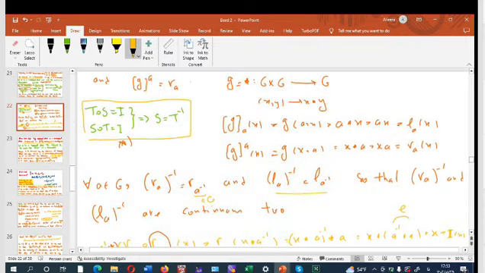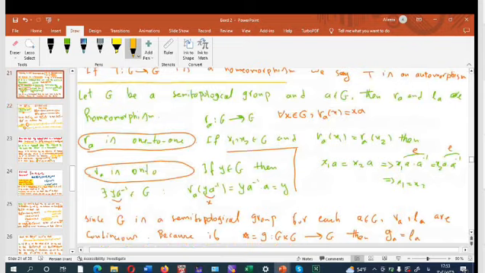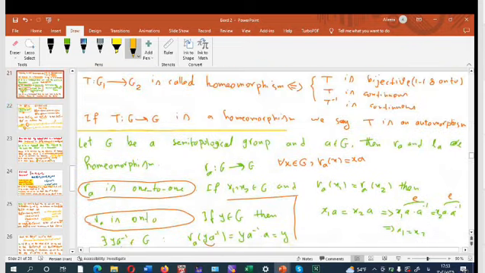So for this function, we see that it is bijective, continuous, and the inverse of this function is continuous too.